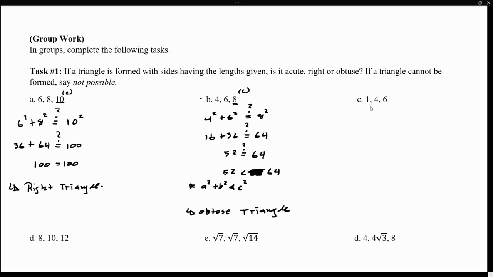Is it true that 1 plus 4 is greater than 6? Nope, that's not true. If I add two sides and the sum is not greater than the third, I cannot even create a triangle at all. So in this case, no possible triangle.